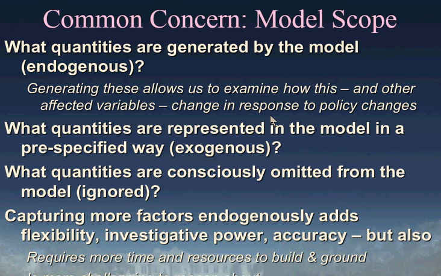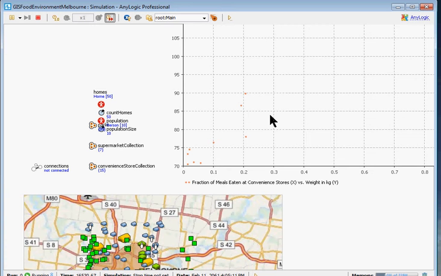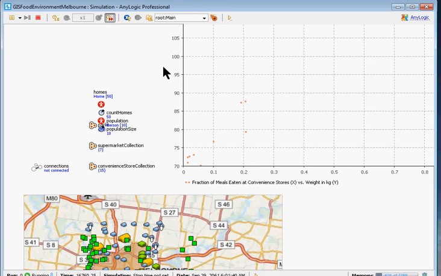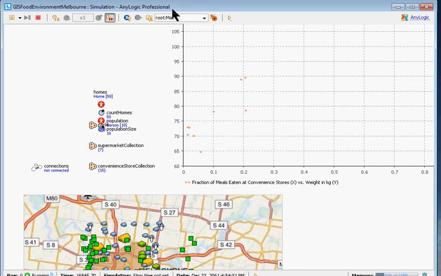So in this model that we're depicting here, the fraction of meals that a person eats, and in fact their weight over time, those are endogenous factors. Those are generated by the model. We tell it for a given person what to assume for their weight initially, but after that, that weight is evolving according to the vagaries of the model processes.